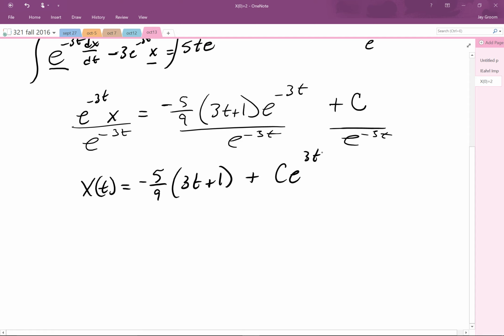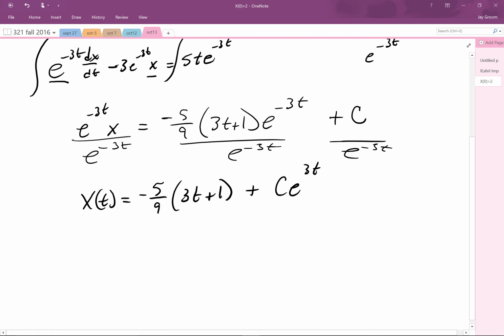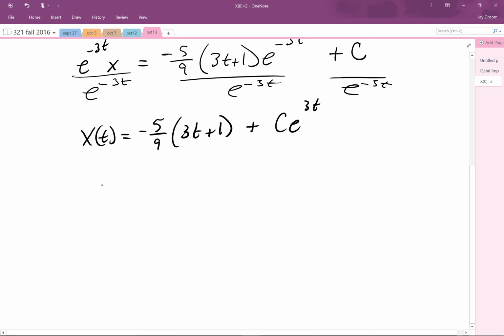Then at 0 we said it was equal to 2. So 2 is equal to, this piece here will cancel out so you get a 1, so that's negative 5/9. And of course e to the 0 is 1, so plus c. So c is 2 5/9, which is 23/9. So this is our answer.